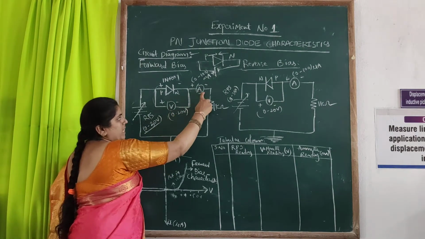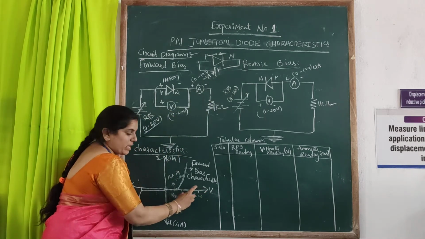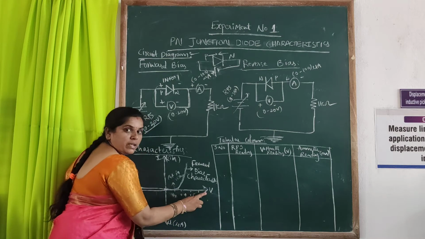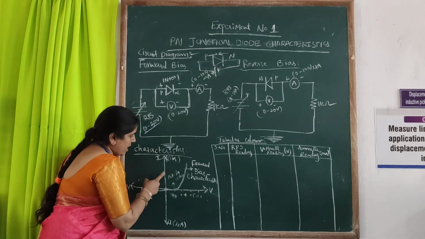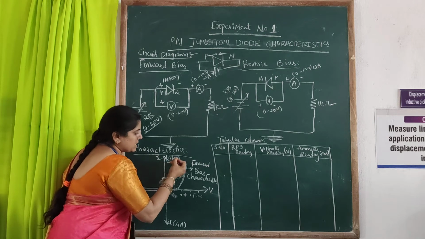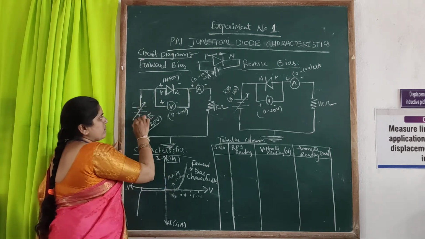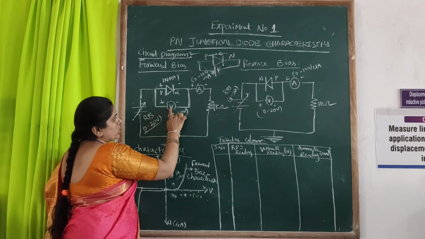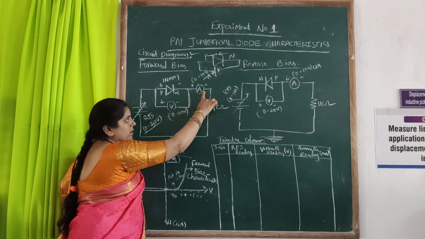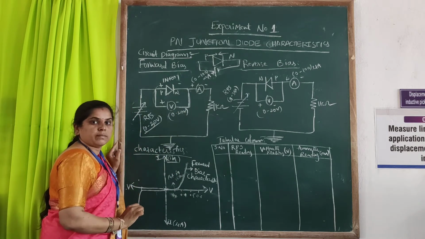By using those values, you can plot the graph. The x-axis is voltage V, the y-axis is current in milliamperes.